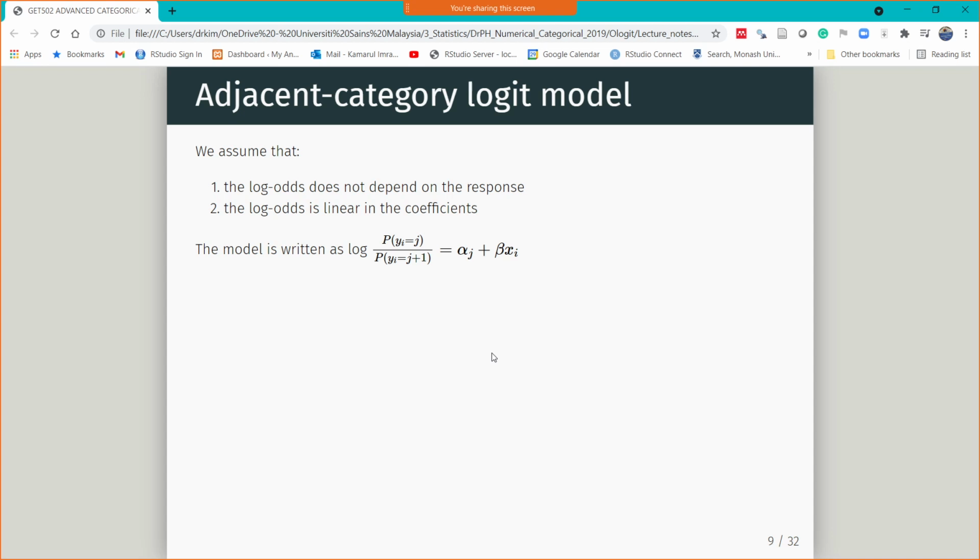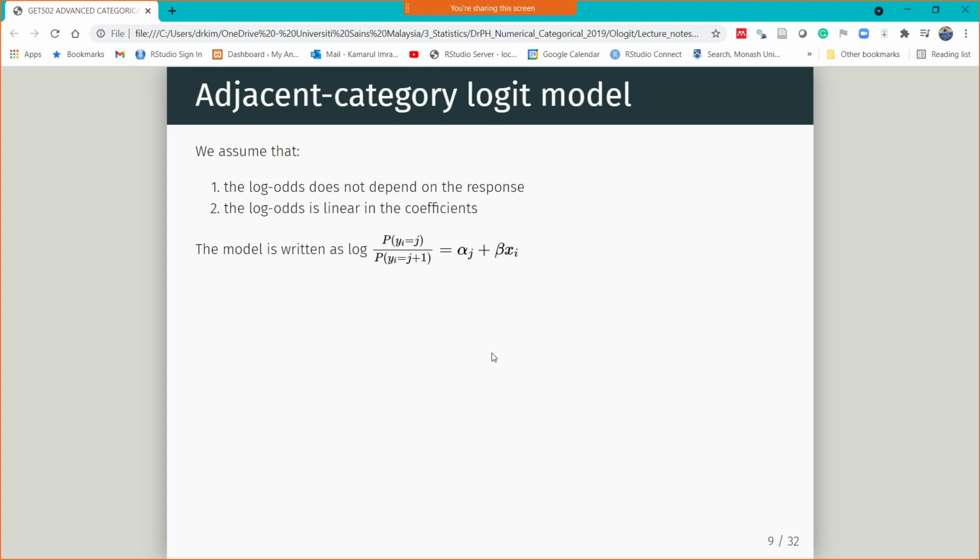Let's say j is the outcome number 1. So probability Yi equal 1 divided by probability of Yi equal 1 plus 1, which is 2. So it means they are comparing between 1 versus 2, right?